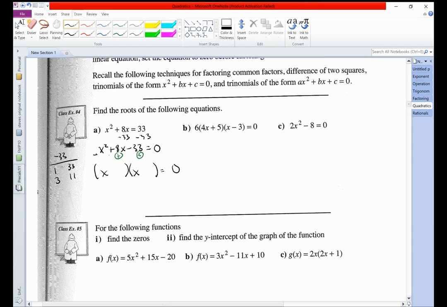We're trying to add to +8, so a -3 and a +11 get me to +8. So x plus 11, x minus 3. And the values that make that equation 0 are going to be x plus 11, so -11, and x minus 3, so +3. The opposites there. You change the sign and you're good to go.